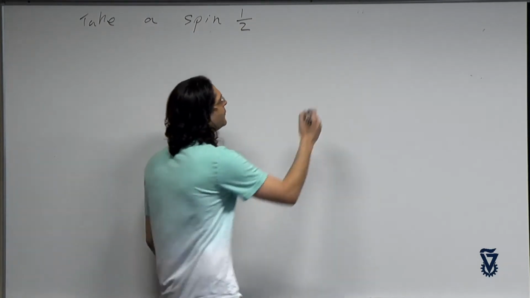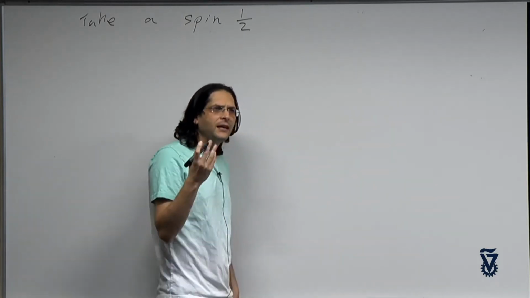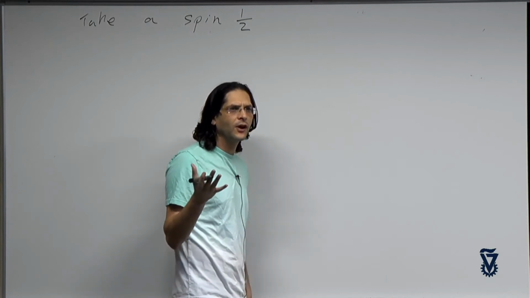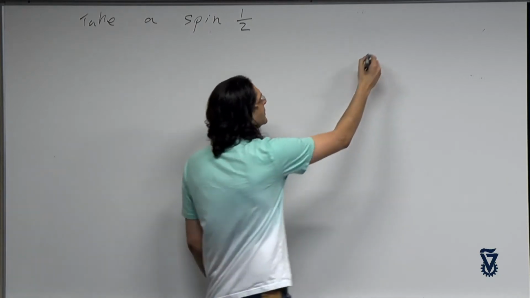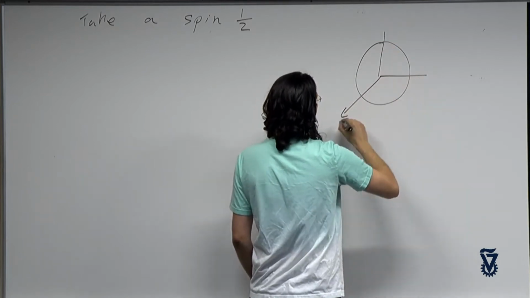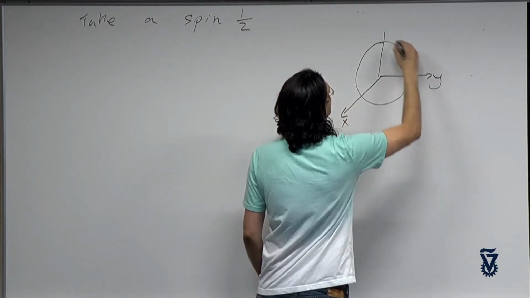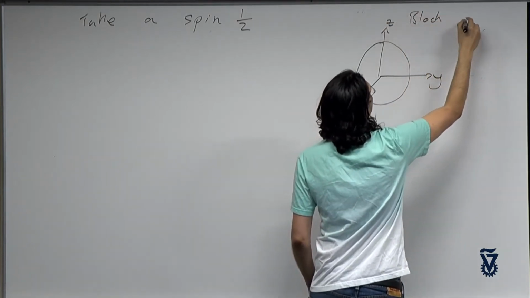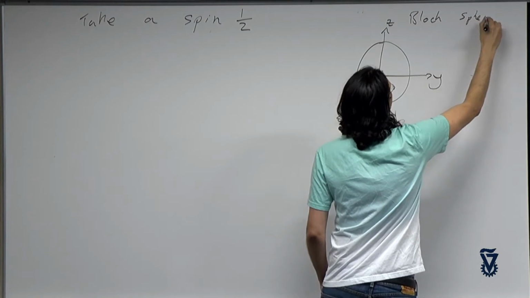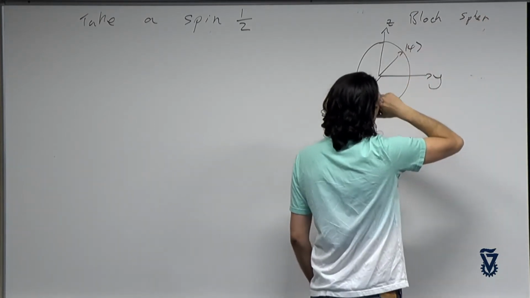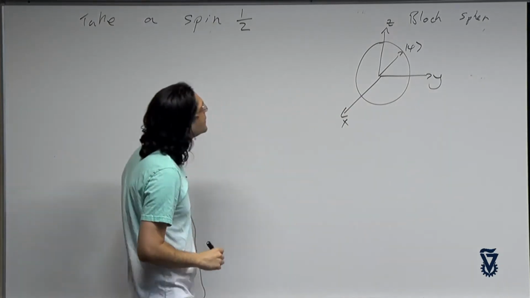And for a spin half, you describe the quantum state of the spin half on what? How do you describe it? On the Bloch sphere, right? Exactly. So this is the Bloch sphere.